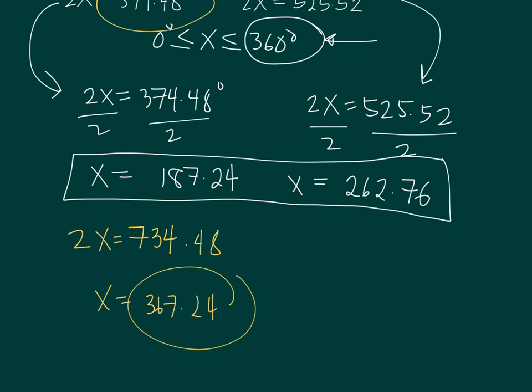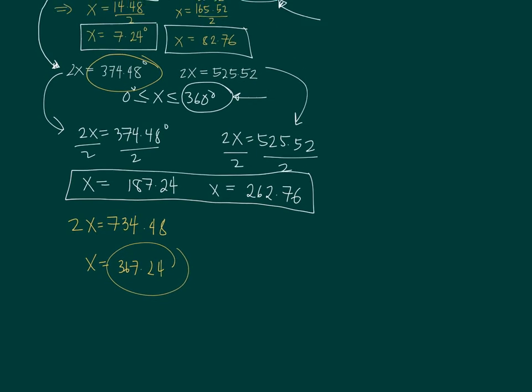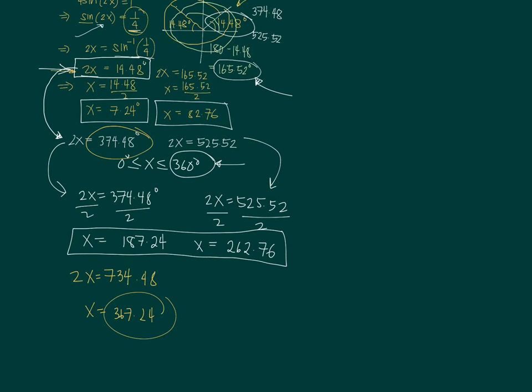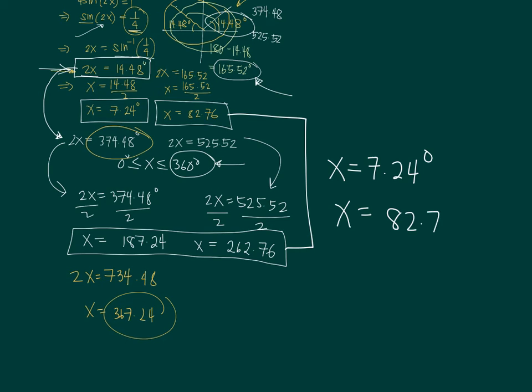Okay, so all in all, the values that we obtain for x are x equals 7.24 degrees, x equals 82.76, x equals 187.24, and x equals 262.76.